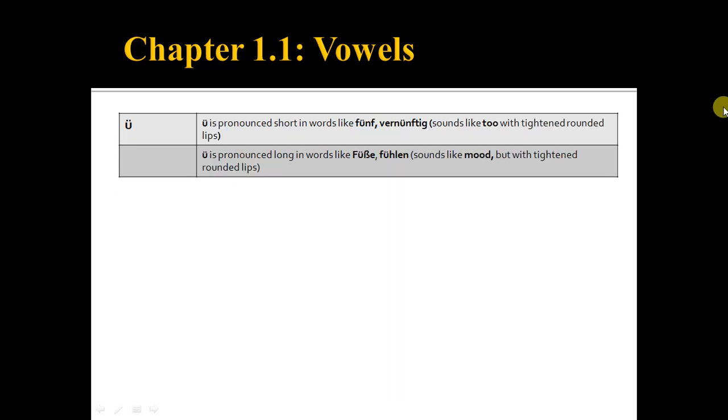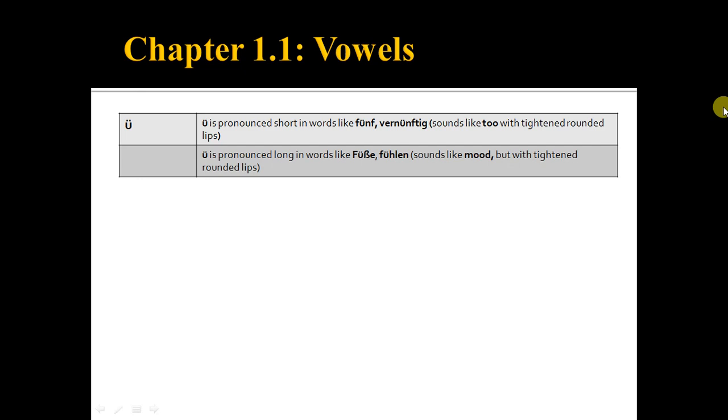The next family member is Ü. Ü is pronounced short in words like fünf, vernünftig. It's going to be pronounced like the vowel in two, but with tightened, rounded lips: fünf, vernünftig. Make your lips a little rounded and then try to pronounce the word.